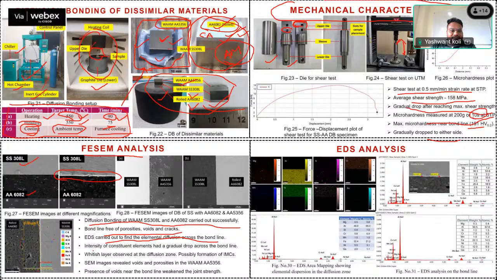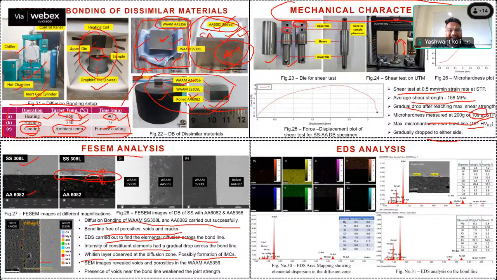So intensity of constituent elements has a gradual drop. Whitish layer, you can see here some white layer is there. So the white layer indicates diffusion and possible formation of intermetallic compounds. Bonding between stainless steel and aluminum causes some intermetallic compound because of their different thermophysical properties.